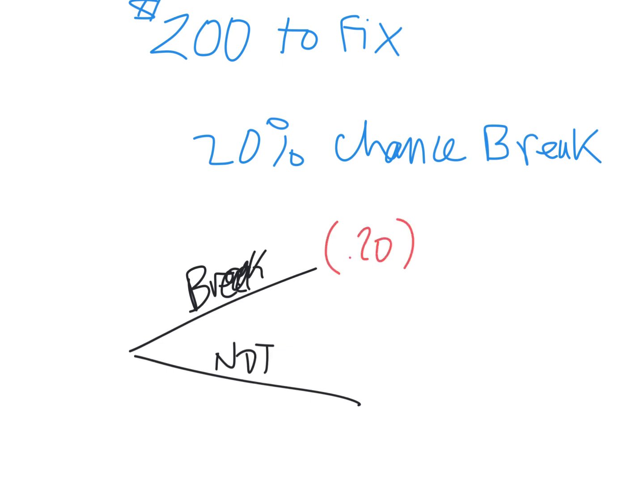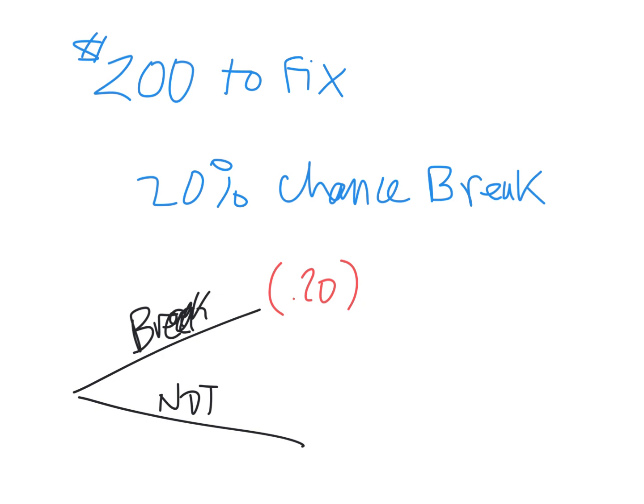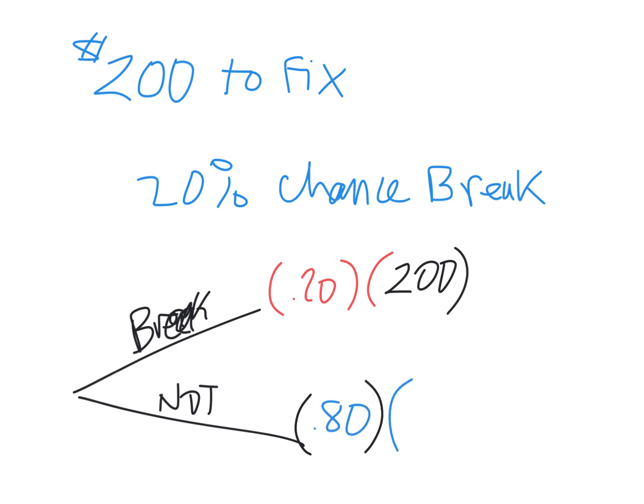What's the amount you get or you'd save if it breaks and you bought the insurance? 200. Yep. Then if it does not break, what's the probability of that? 0.8. And if it does not break, it doesn't save you anything. Nothing happens. You get $0.